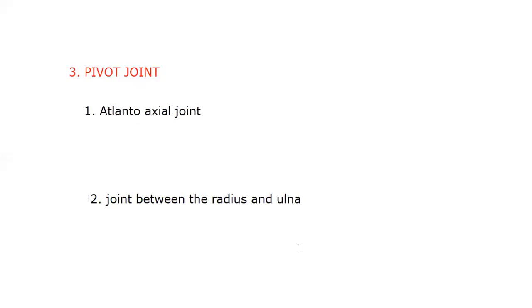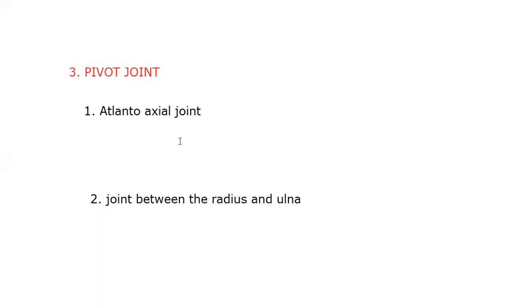The pivot joint here allows the rotation of our forearm at the elbow, like this, and allows us to move our hand side to side. Can you see this? So that is the pivot joint, the atlantoaxial joint.